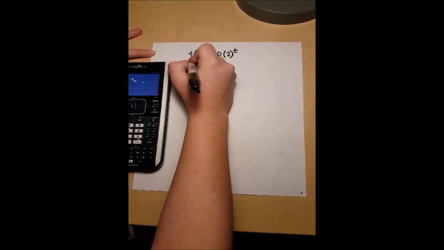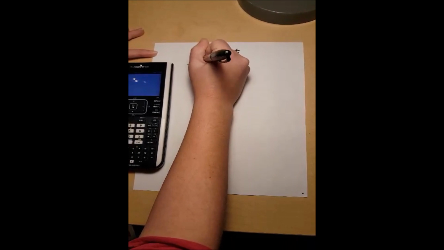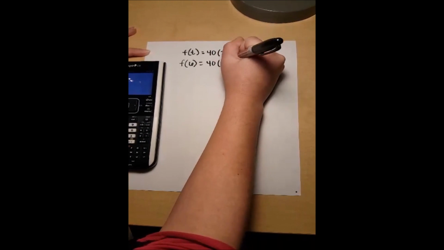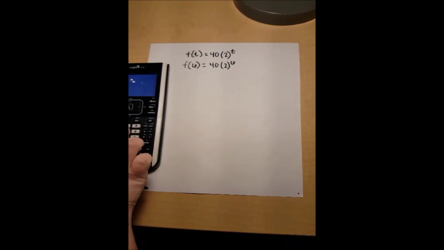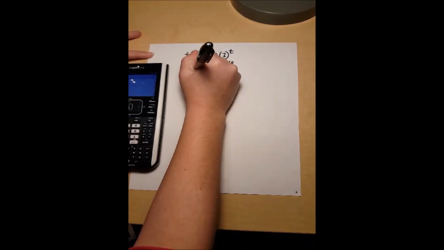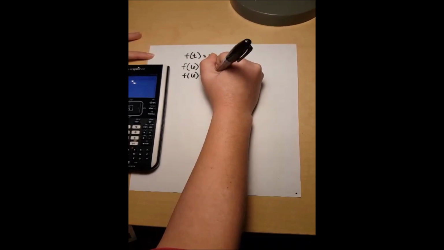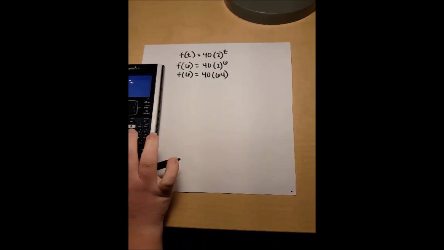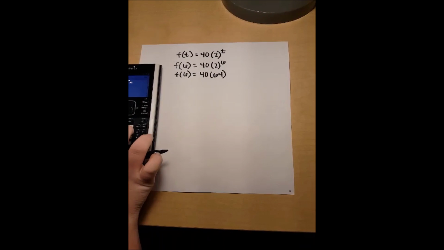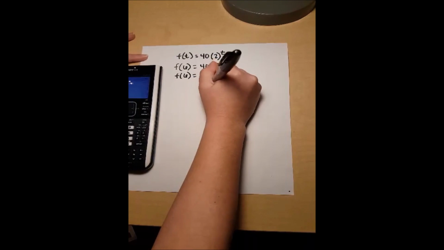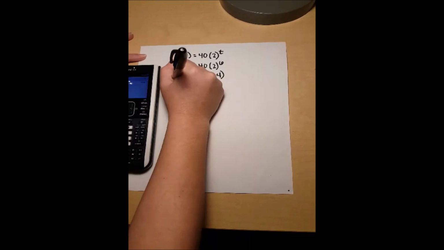So we will plug in 6 for every t in the equation. 2 to the 6 is 64. So f of 6 equals 40 times 64. 40 times 64 is 2,560.